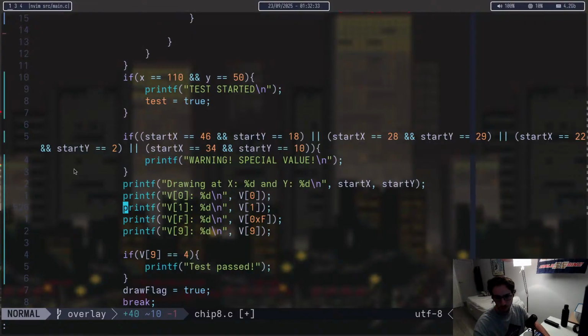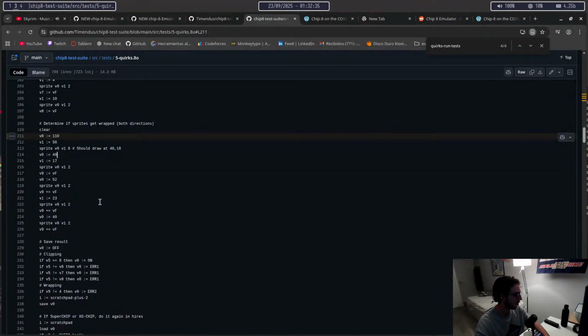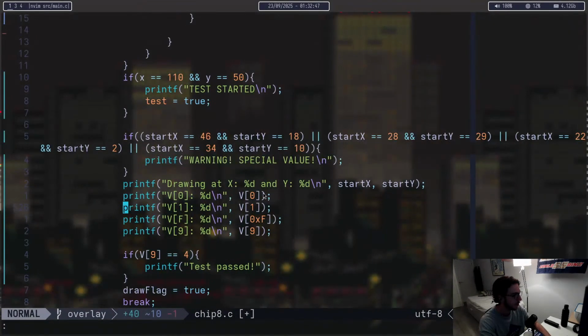Is the last row 40 and 23? That seems to be the case, no? The last B1, which is used as the Y, is 23, and the last B0, which is used as the X, is 40. So I'm guessing that would be the last one.